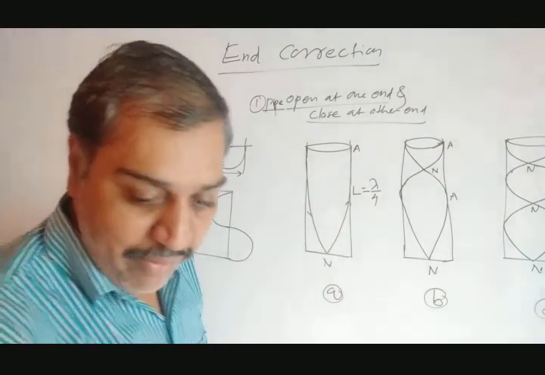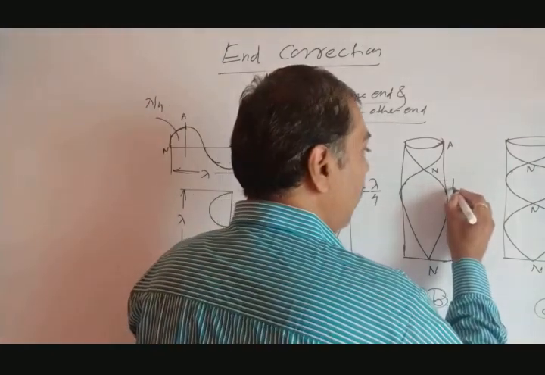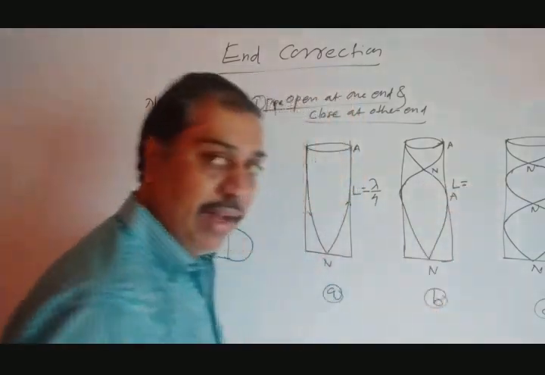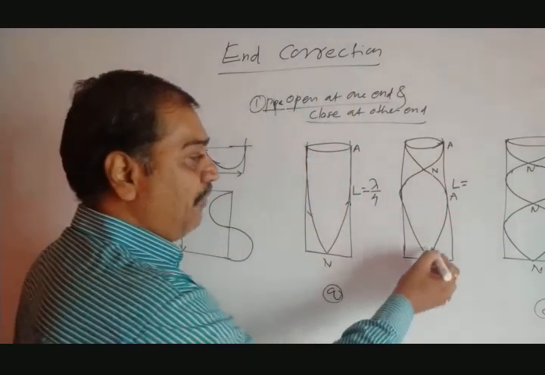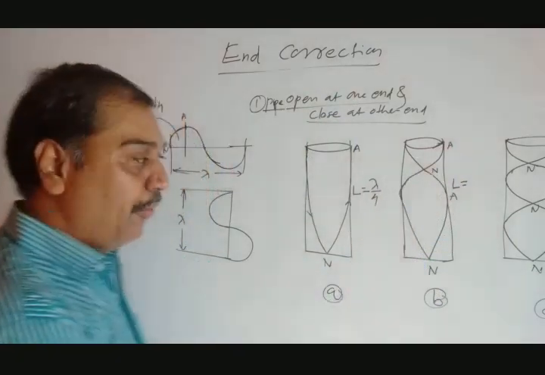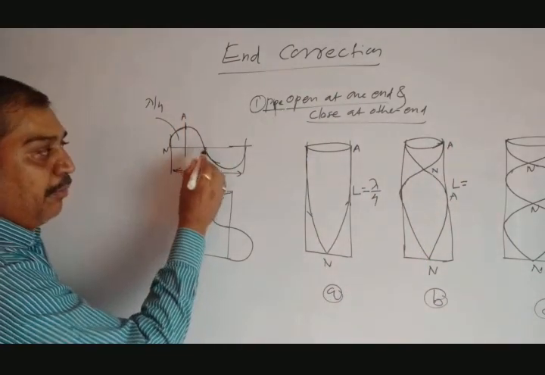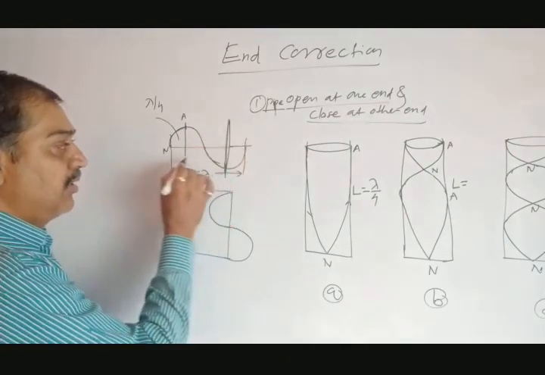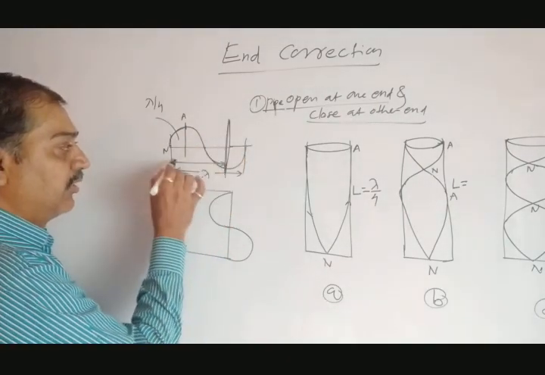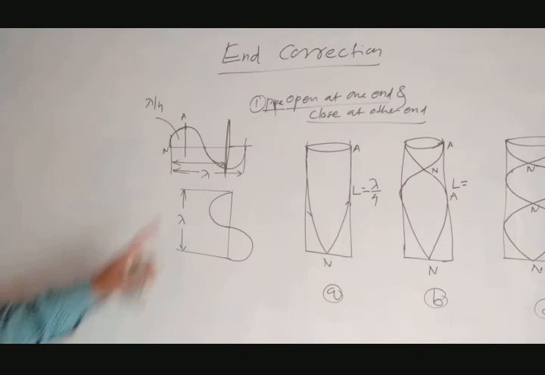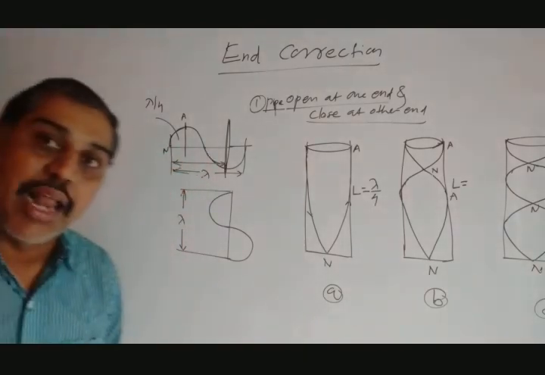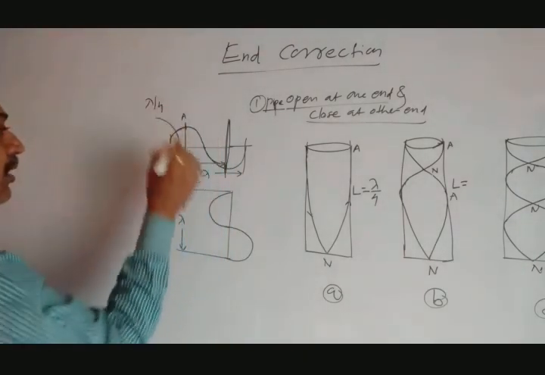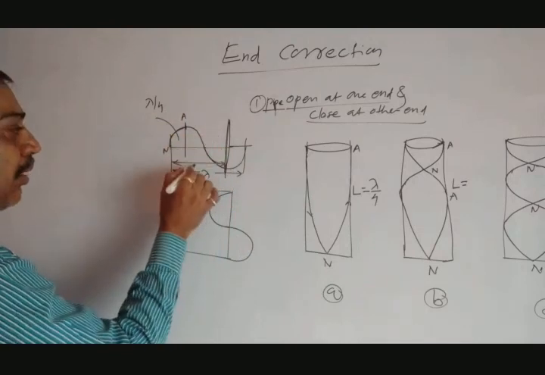Second diagram, what they have done, they have just drawn L equal to, what is this? This is half wave plus 1 by 4. So see, half plus 1 by 4 up to this, from this total distance. How much is the distance? Lambda by 2 plus lambda by 4. So let's draw here.